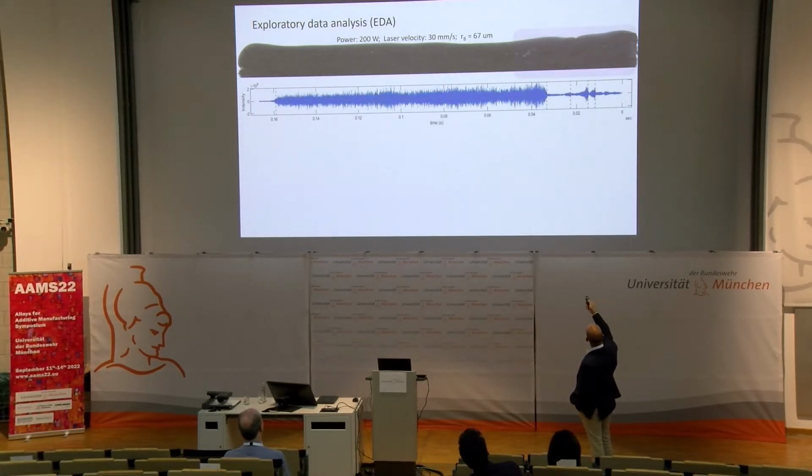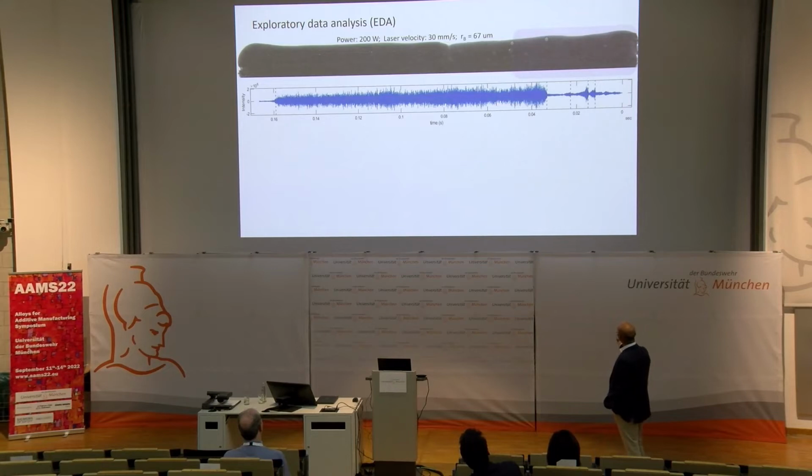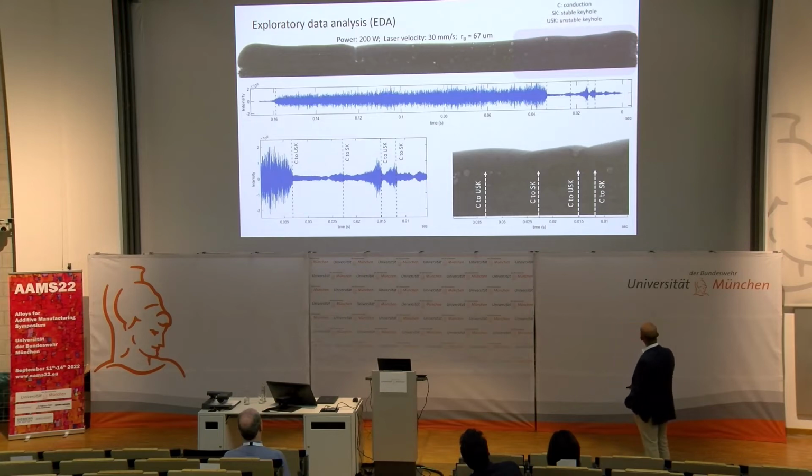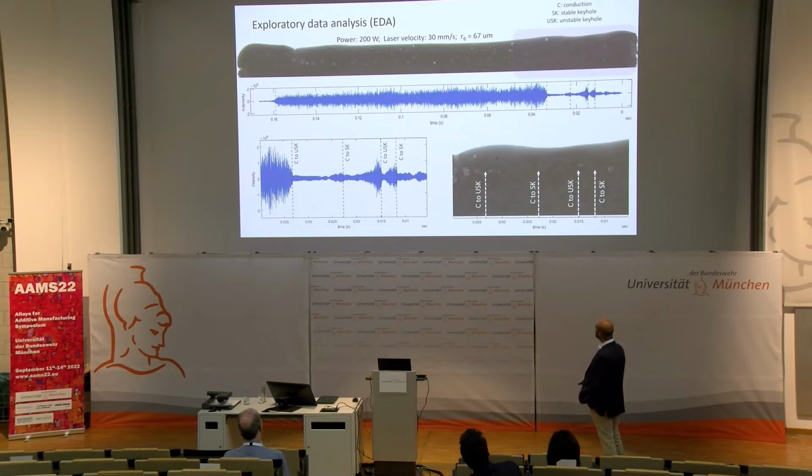You can see it starts from left to right, and the time is also from right to left. So we saw that these regime transitions are happening. We can look a bit closer here. So you have conduction to stable keyhole, back to unstable, stable, and then going to unstable keyhole.